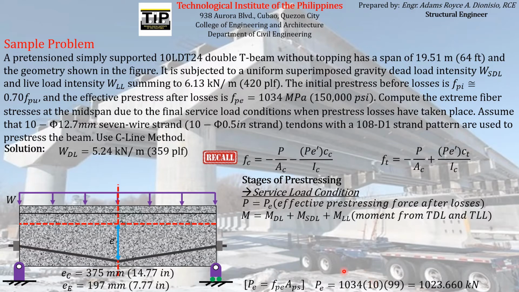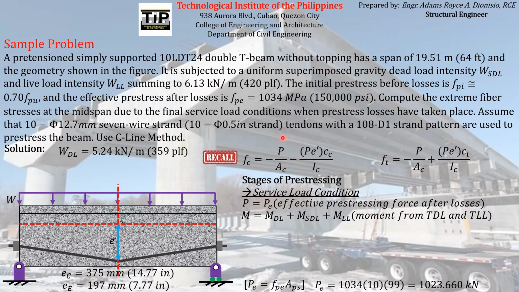The product you will get here is in terms of Newton, but I have chosen to express it in kilonewton. I hope you already know how to convert Newton to kilonewton; you just have to divide this product by 1000. So there we already found the value of the effective pre-stressing force.